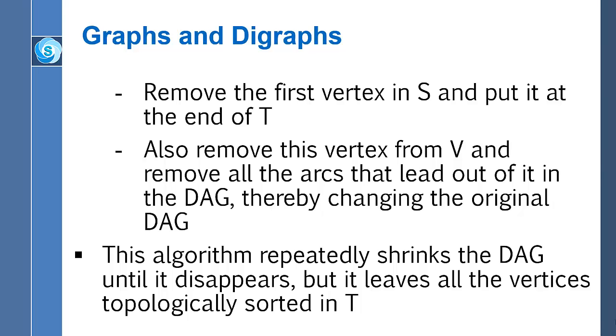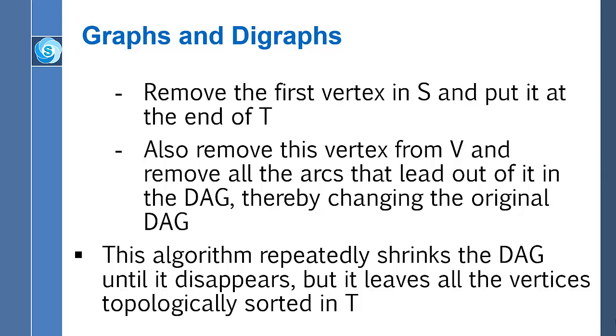In other words, all the vertices that used to be in capital V are now inside capital T instead. And it's true that we wiped out all the information about the DAG, but we've ended up with the vertices sorted, topologically sorted, right?